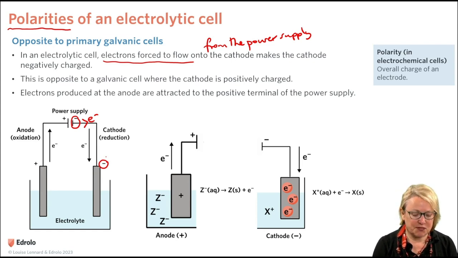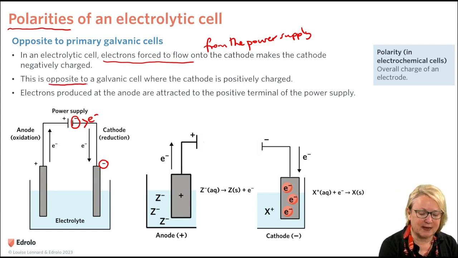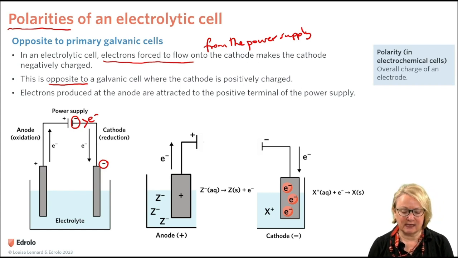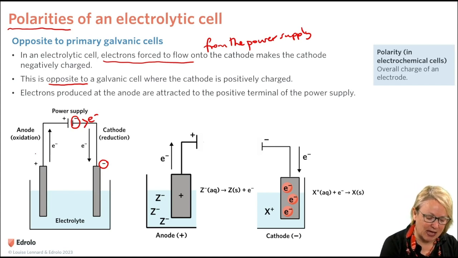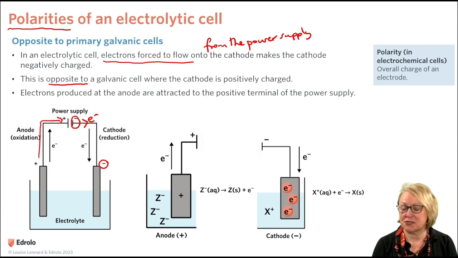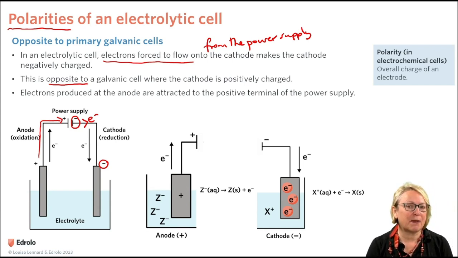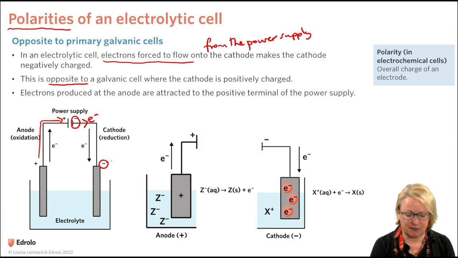Just remember this is opposite to a galvanic cell, where the cathode is positively charged, but electrons produced at the anode are attracted towards the positive terminal because they're negatively charged, so they flow through the power supply and then get pushed back onto the cathode for another circuit.